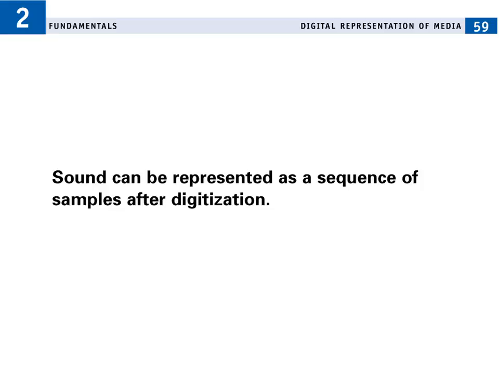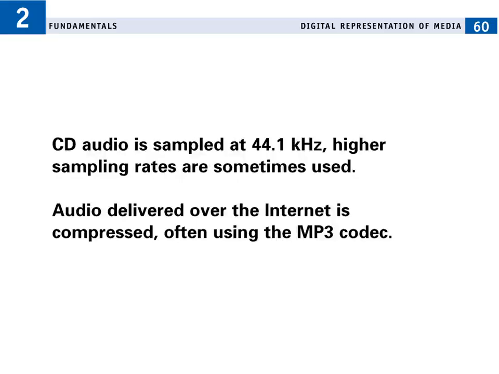Next we talk about sound. Sound can be represented as a sequence of samples after digitization. So we have to sample it. Digitization is the same meaning as sampling. CD audio is sampled at 44.1 kHz.